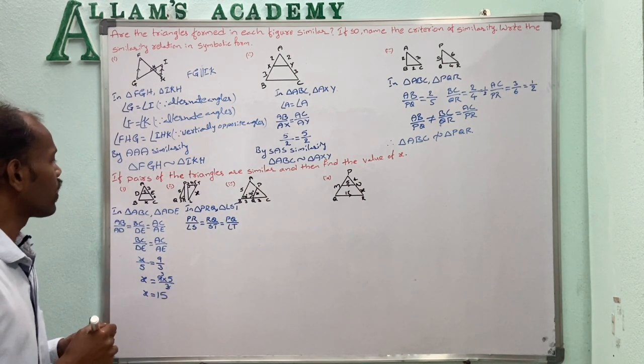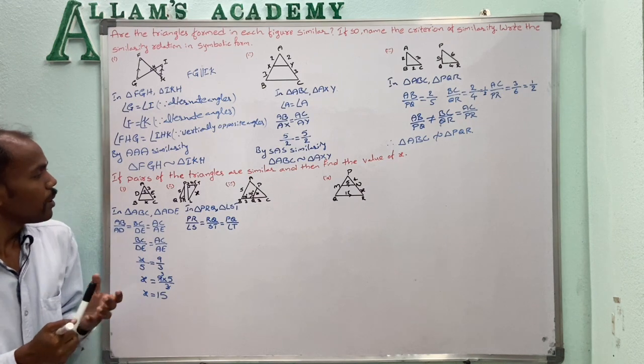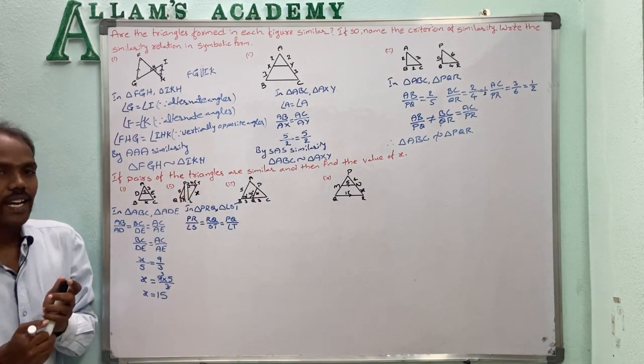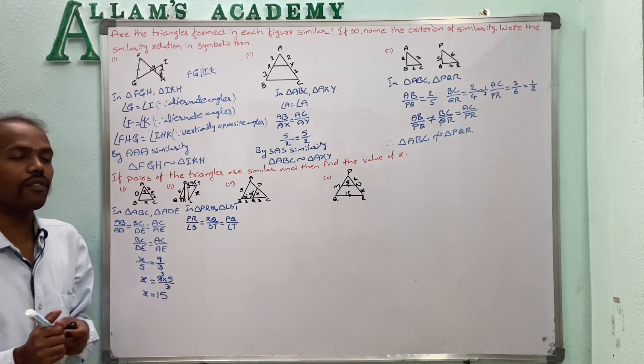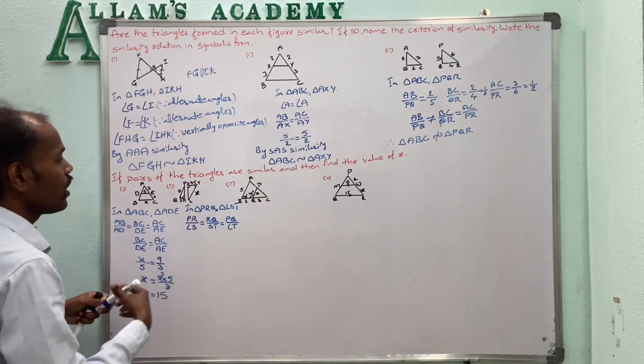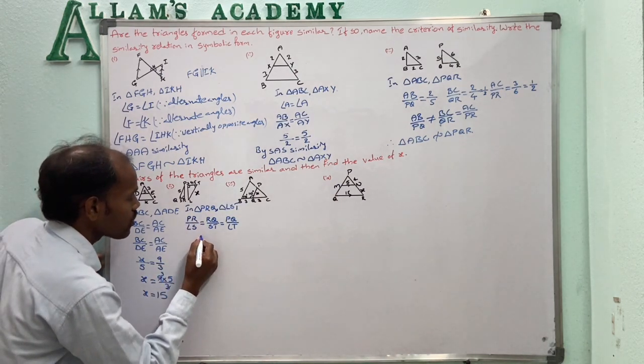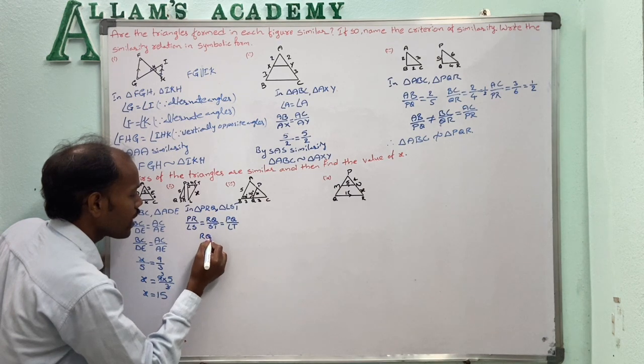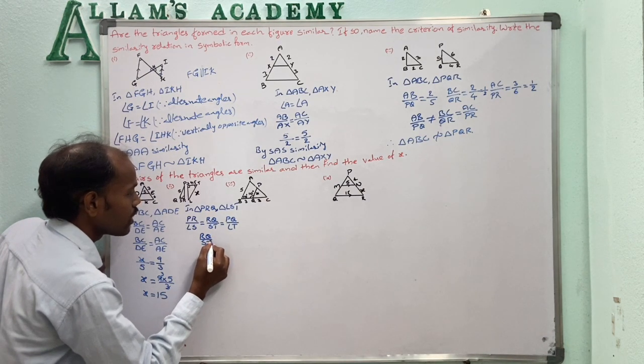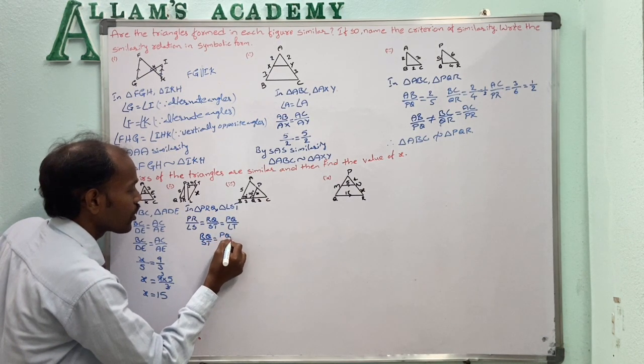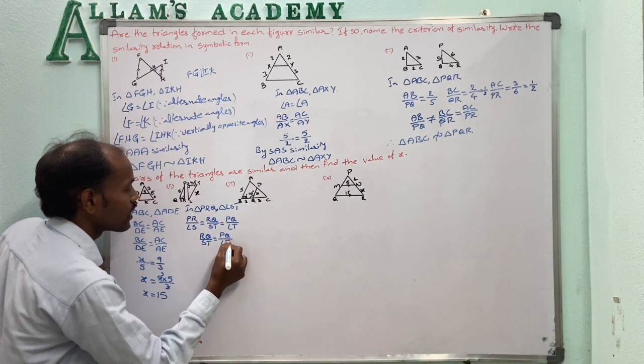Here, the PR by LS sides ratio is not given, so leave that one and take the remaining ratios, RQ by ST equal to PQ by LT.